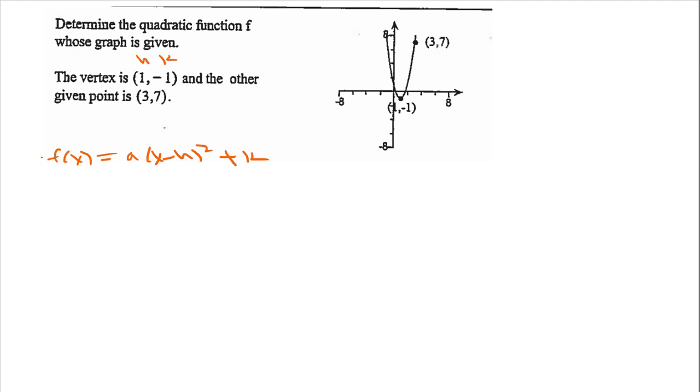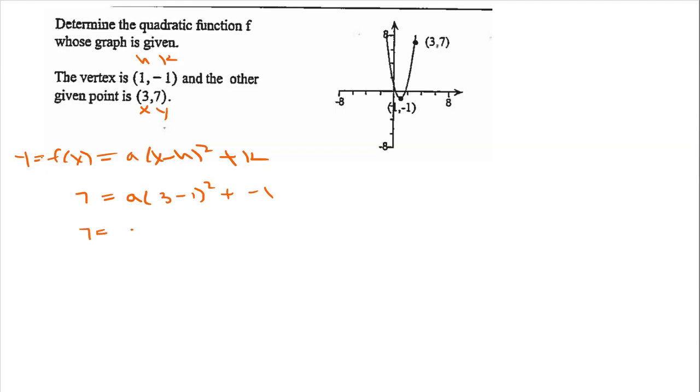And then we have given the point 3, 7. So that's going to be our x, y. Okay. And then we plug everything in. So remember, f of x is the same thing as y. So I have 7 equals a times x, which is 3, minus h, which is 1, squared, plus k, which is negative 1.